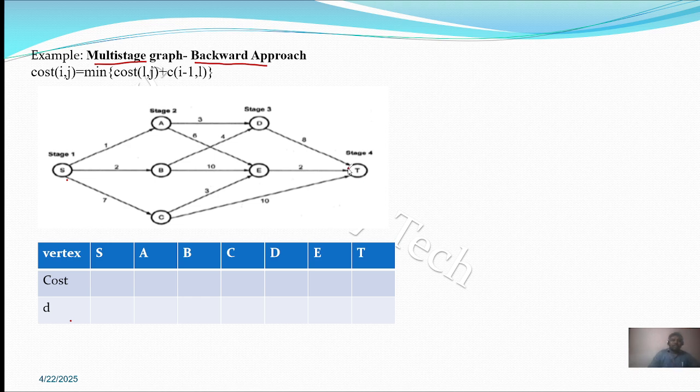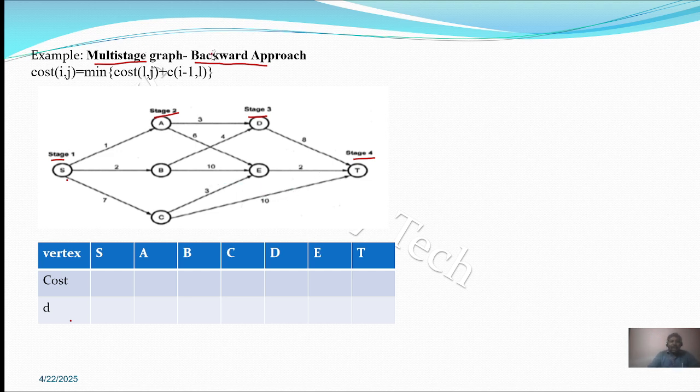So here it is in the backward approach. The graph is divided into a number of stages. This is stage 1, stage 2, stage 3 and stage 4. We have only one source vertex, S, and only one sink vertex, T. We have to reach from source vertex S to sink vertex T, so we have to find the shortest path.